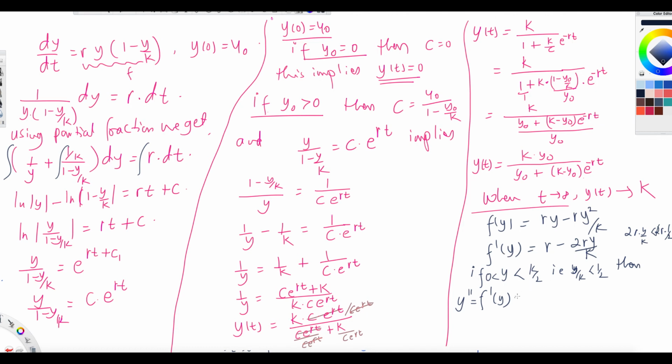That is, f prime of y will be positive. So when it is positive, the y curve is concave up. Similarly, if k over 2 is less than y, which is less than k, then y double prime, which is f prime of y, is less than 0, which is concave down.